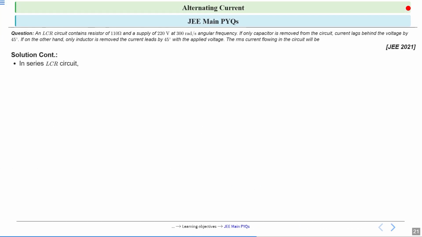In a series LCR circuit, tan phi is equal to XC minus XL upon R, according to NCERT equation 7.27. To find XC and XL we will use this because the phase differences are given.